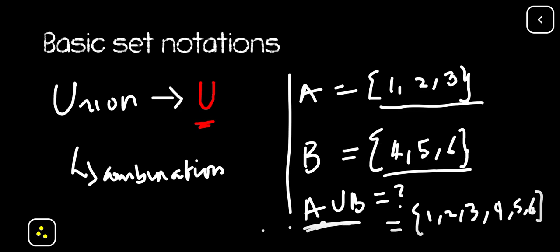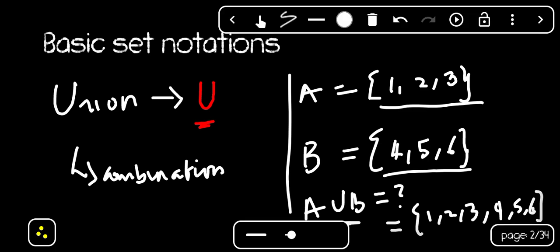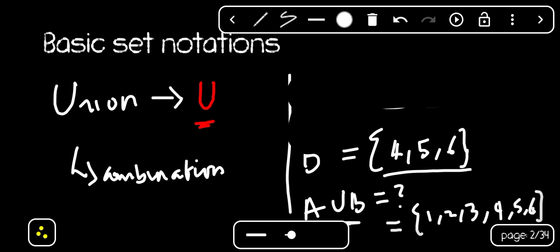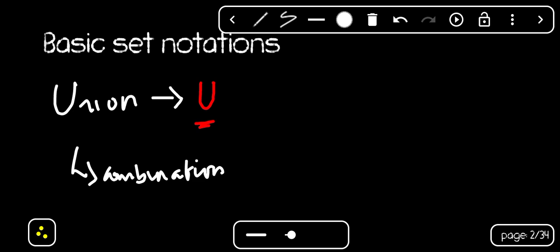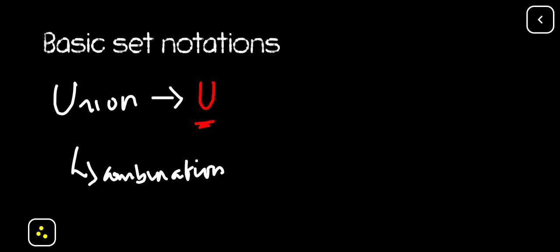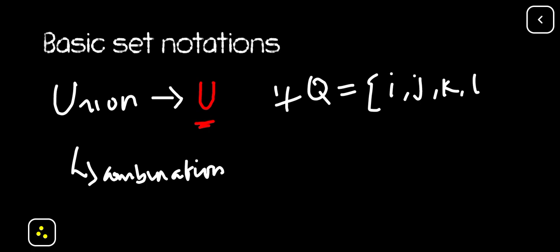Okay. So let's work on another example on this so that it just sticks a little bit into your head. Let's say we have a question where they say if Q is equal to I, J, K, and L, and they say P is equal to 1, 2, and 3.